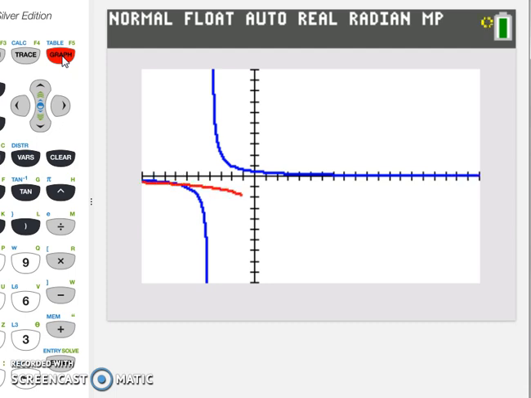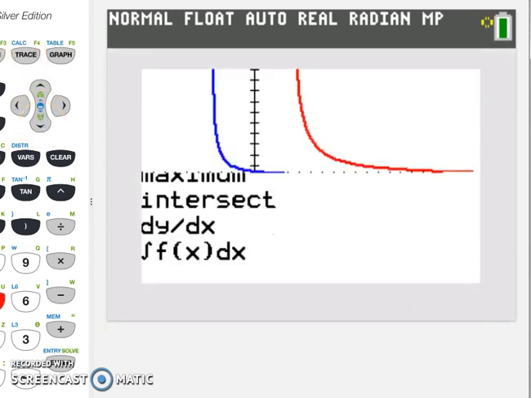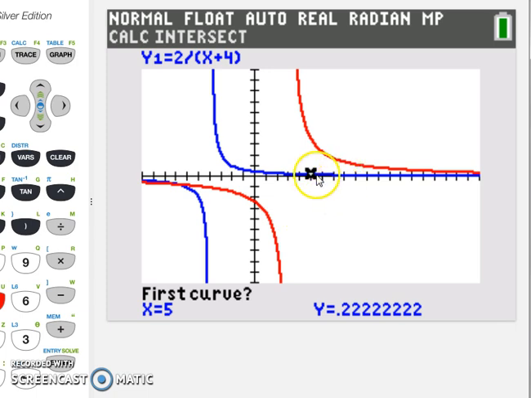We can see where the intersection is already. The intersection is happening over here somewhere. So when we go to find the intersection, we want the blinking thing to be in the third quadrant. We're going to hit second trace and go to number 5 for intersect. The first thing we see is the blue one.